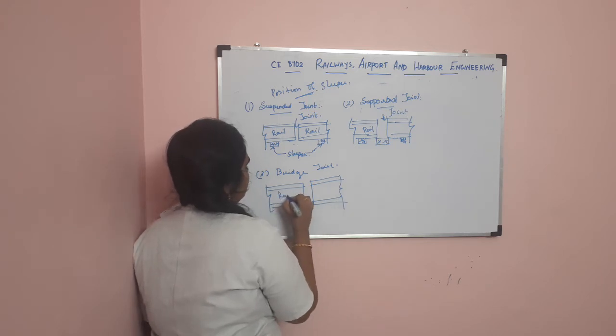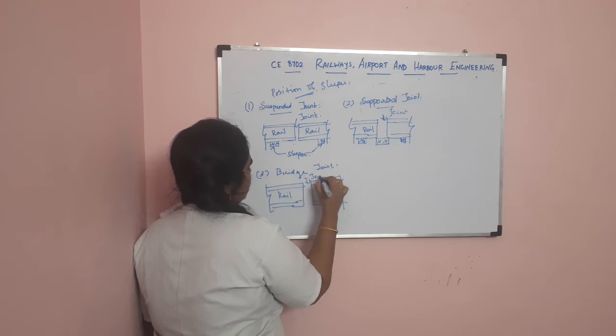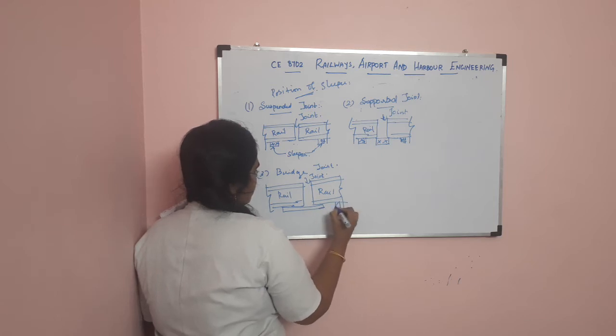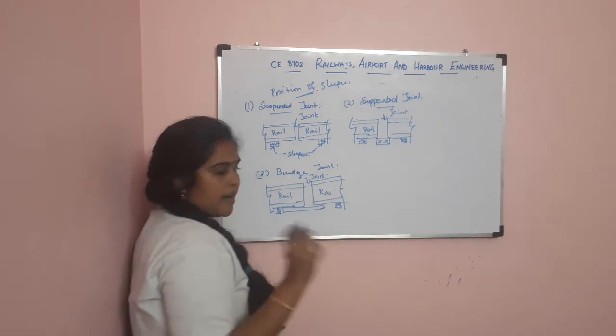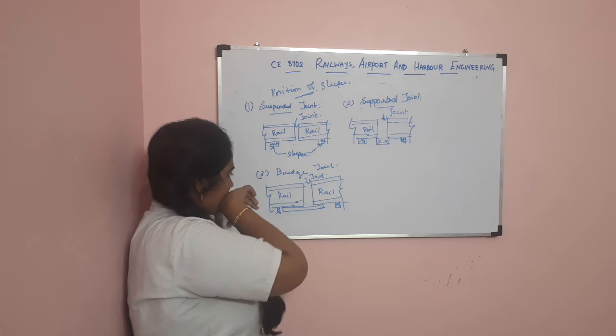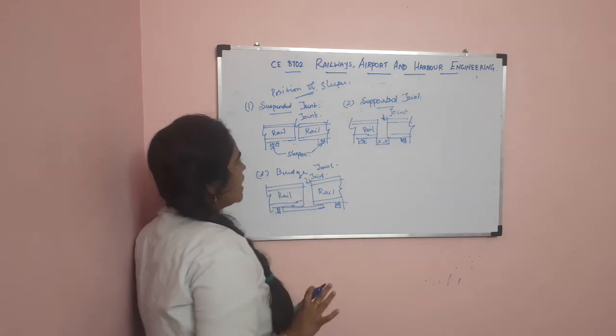This is rail, this is a joint, only one bridge metal is kept. It is exactly the same as the suspended joint, but only a bridge metal is kept in between two rails. Just opposite to the joint, a bridge metal is kept. That is known as bridge joint.